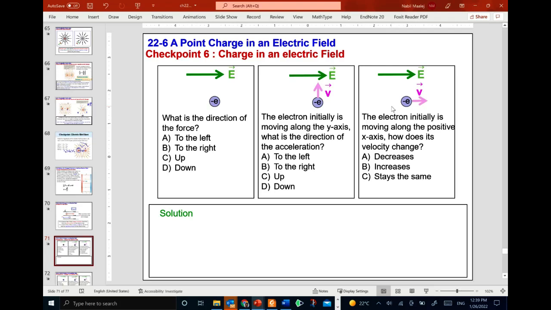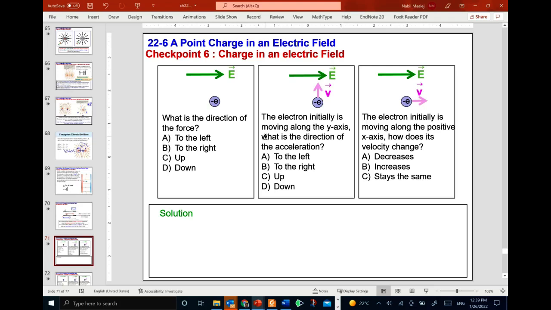It will decrease. So the force is a retarding force, opposed to the direction of the velocity. The electron is moving fast, the force is pushing it backwards, so it's slowing down. It will reach 0, and then it will start going backwards. I hope this is clear.